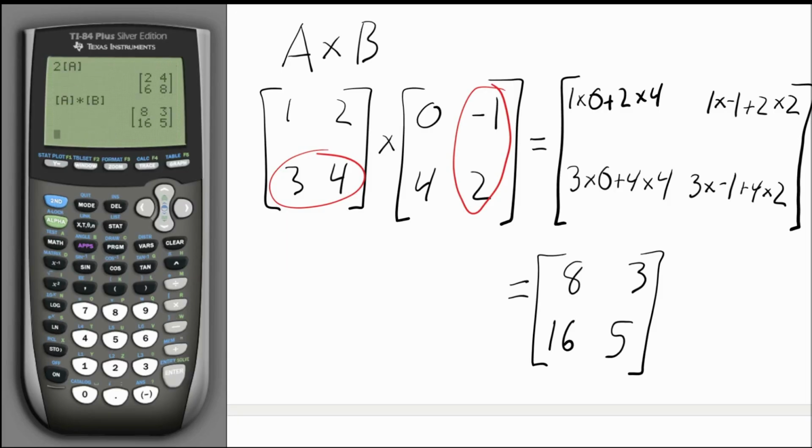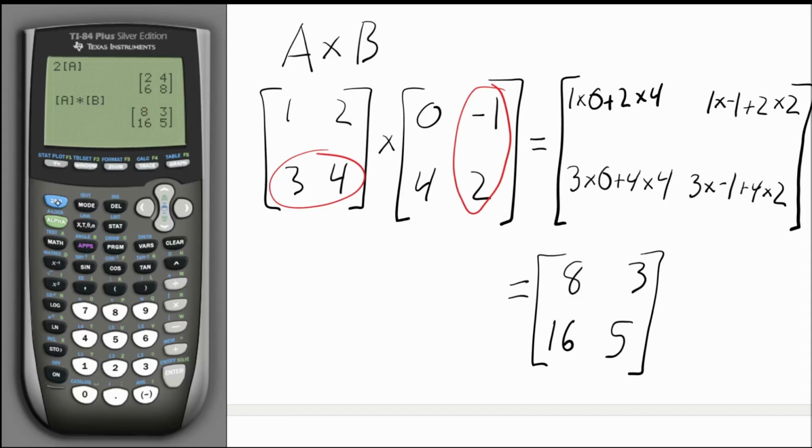Now, as you may have noticed, we multiplied the row of A times the column of B. So if we were to switch those, it wouldn't be the same. So if we multiplied matrix B times matrix A, we'd then be multiplying the rows of B times the columns of A. So we'd no longer be multiplying the same numbers in the same order together. So for matrices, for the most part, if you switch the order in which you're multiplying, you're not going to end up with the same answer.